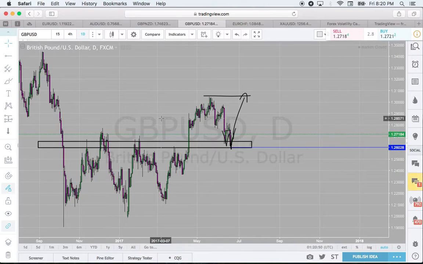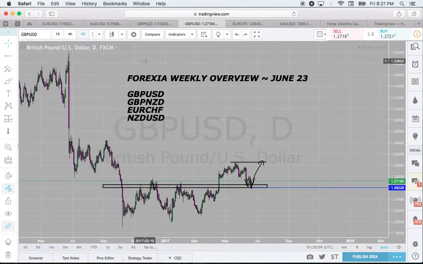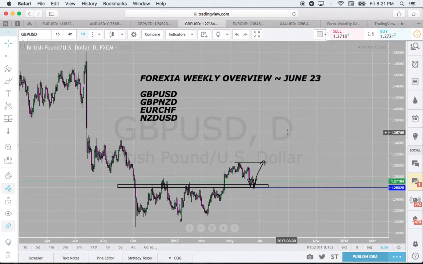They don't even believe 1 to 10 ratios exist. All right, they don't even see it. Yet it happens all the time. There's hundreds of pip moves that you can take if you know how to straddle yourself in the market correctly.